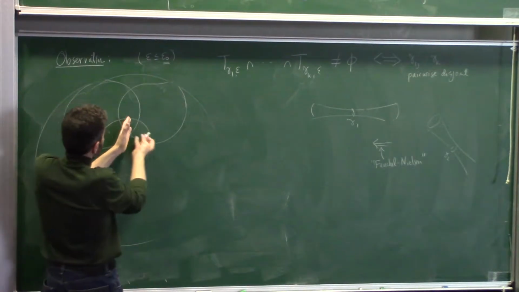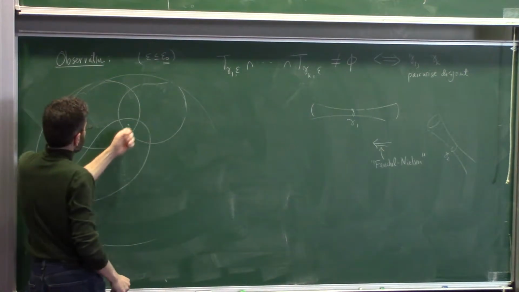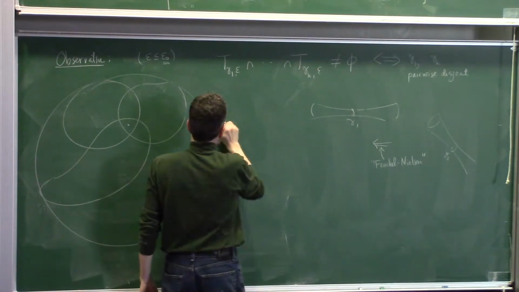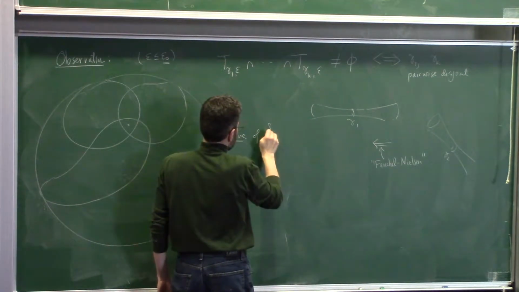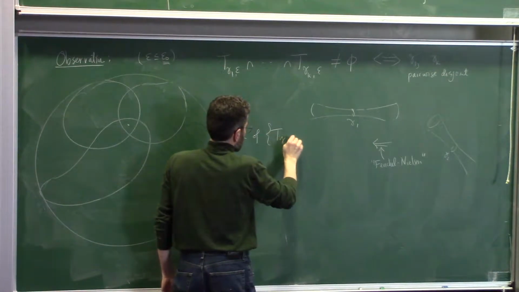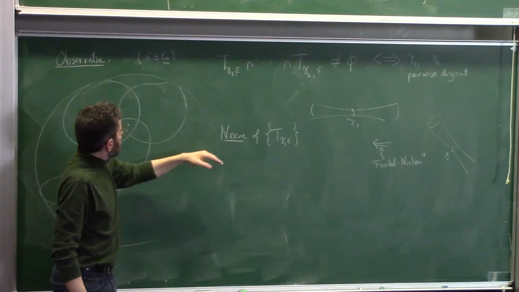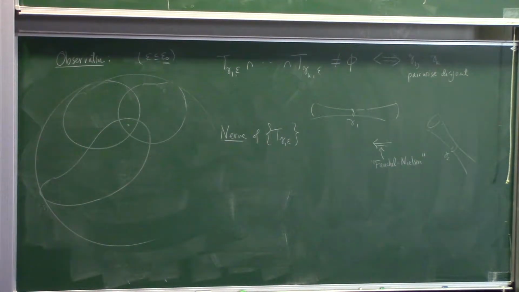So these are big, infinite-sized regions, and when they intersect, they correspond to that pattern. What's called the nerve of this family is just the simplicial complex whose vertices are the regions and whose simplices connect regions that intersect.